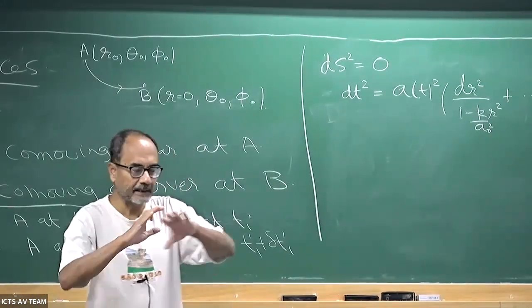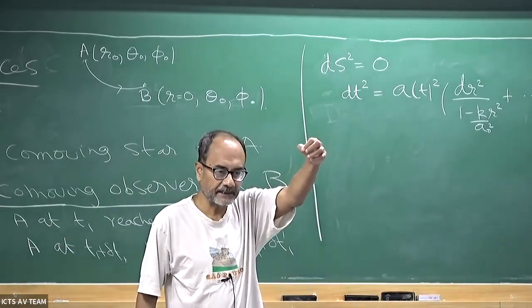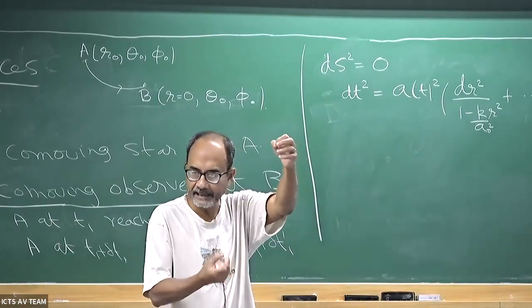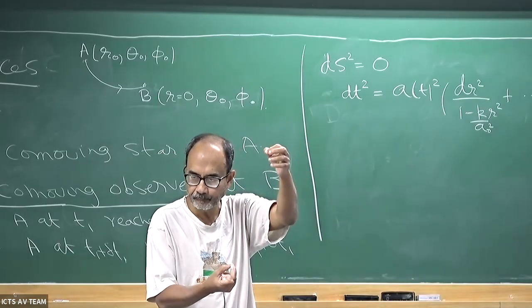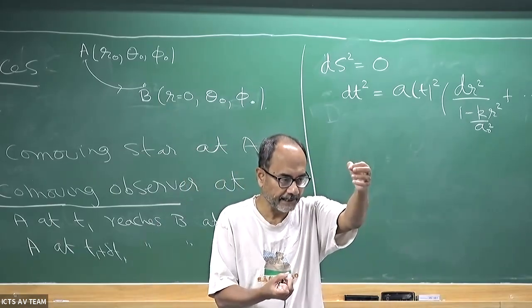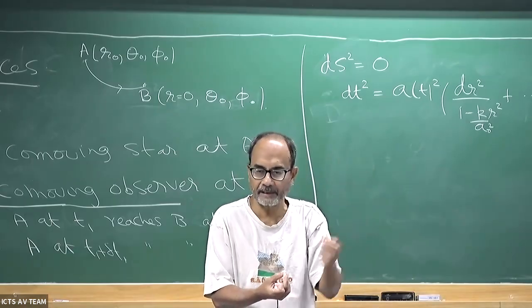Imagine that you have flat X, Y, Z, and you have taken the source to be on the Z axis and the observer to be at the origin. Now you are asking that if the source emits light, does it travel along the Z axis and reach the observer, or does it go along some other curve?